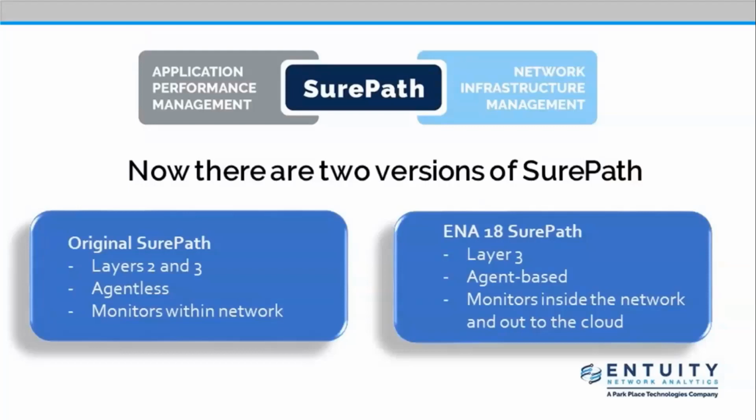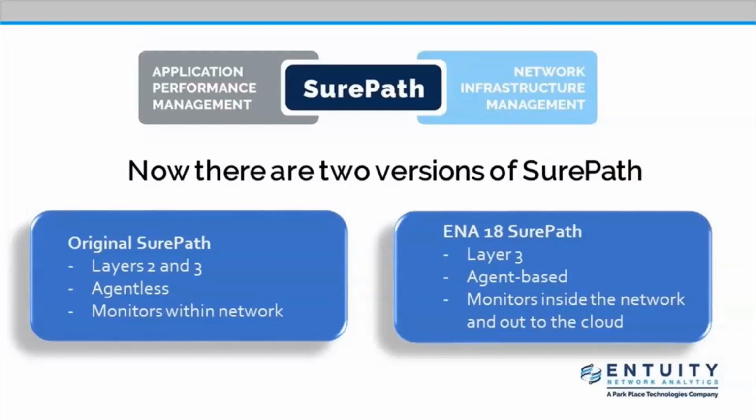It uses an agentless technique, which is SNMP based, and it is intended for use within a monitored network. So within a monitored network, where the devices in the path are already under management from ENA, you're going to be able to discover a path between two nominated nodes that are either nodes under management or nodes directly connected to managed items.